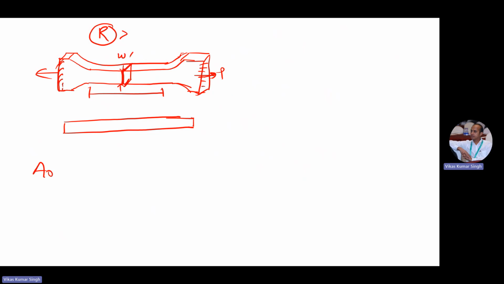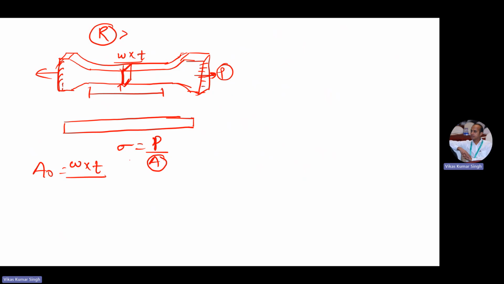W into T, where W is the width and T is the thickness. This is the cross-section. When we write the formula of stress, we write P by A naught or P by A. P is constant throughout the experiment; we are putting the same P. But A is changing throughout the experiment. Why? Because when we are pulling this, the cross-sectional area is decreasing.